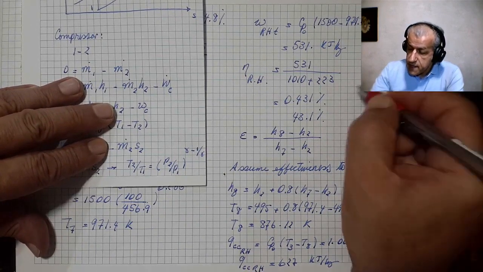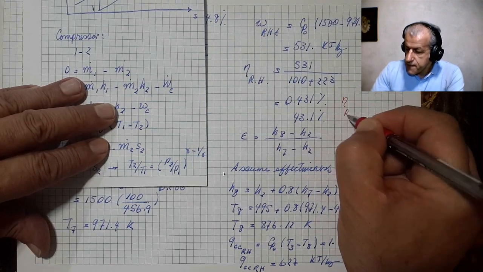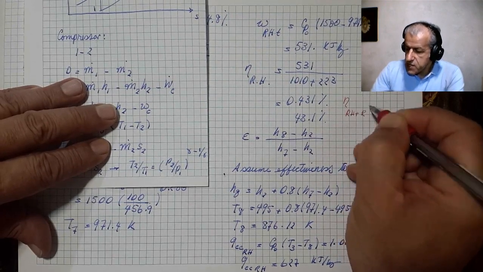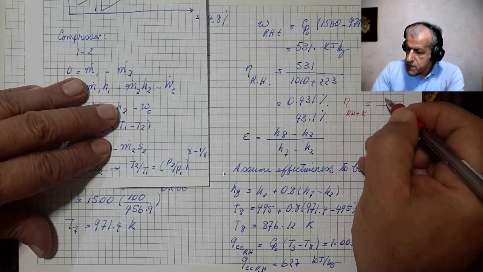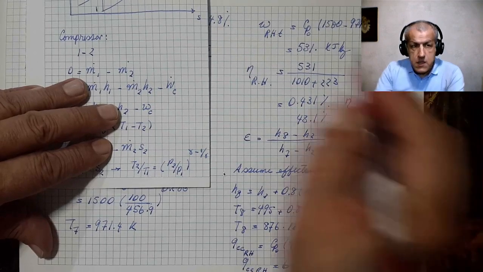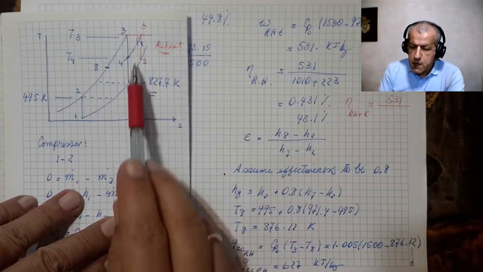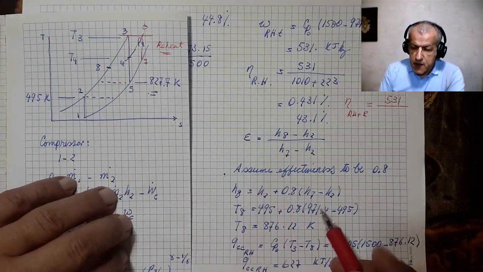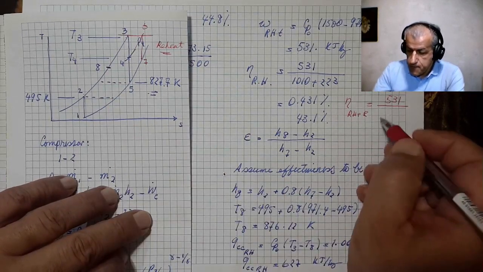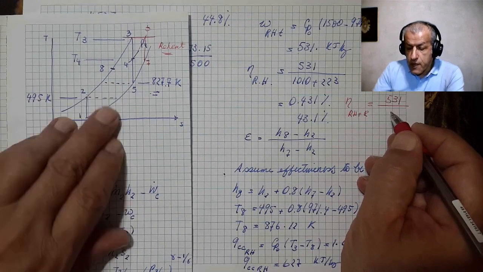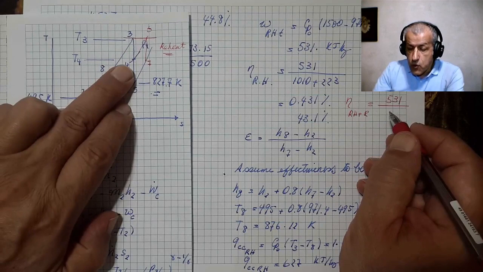You see, eta for reheat plus regeneration equals 531, which was the work that we gained here in 6, 7, divided by now 2 heats added. One was from 8 to 3, and the other one was from 4 to 6.